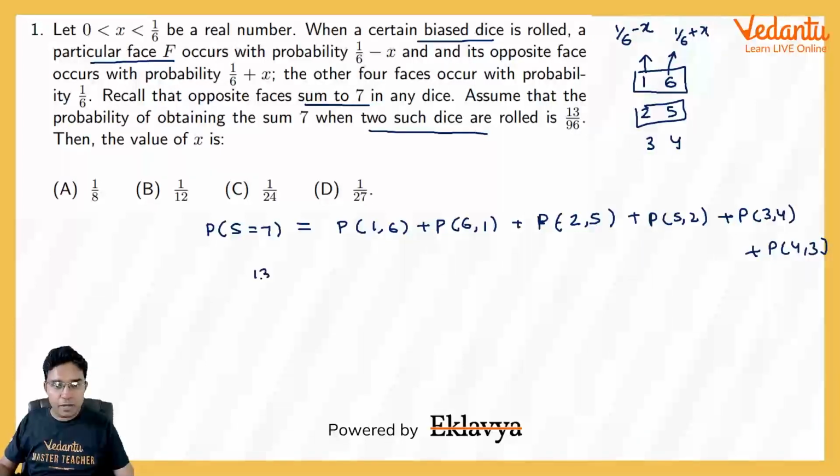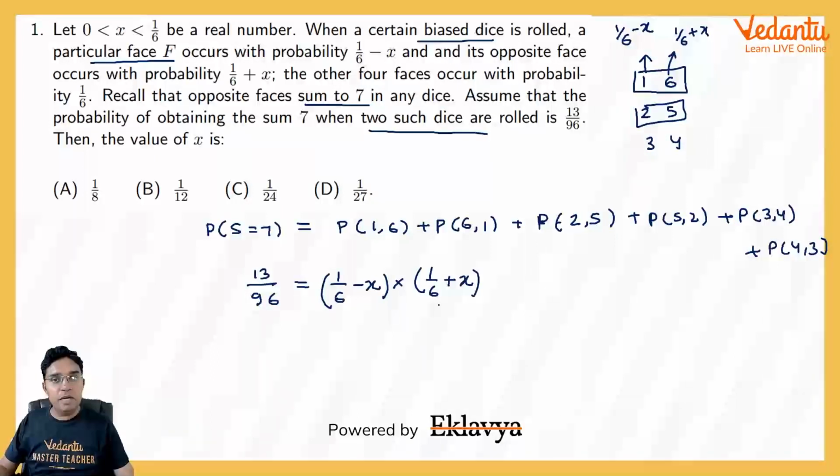This we are given to be 13 by 96. On the right hand side, the first dice getting 1 will have probability 1 by 6 minus x, and after that on the second dice we get the number 6, which will have probability 1 by 6 plus x, and these will be multiplied by the multiplication rule.